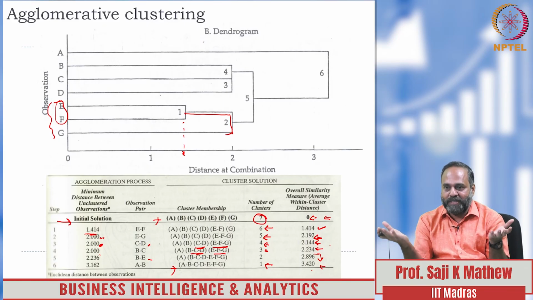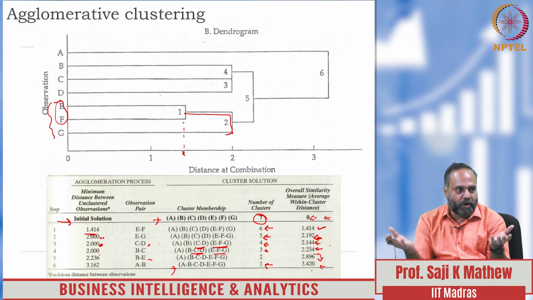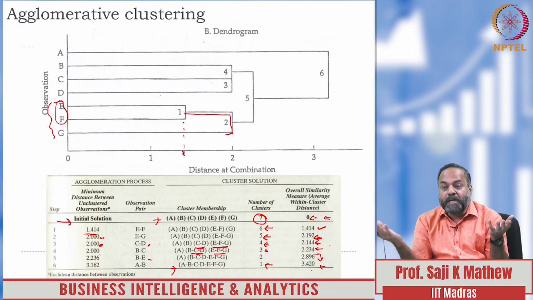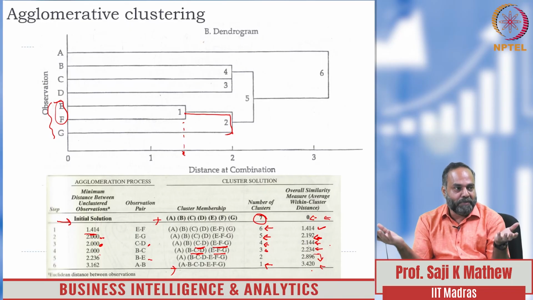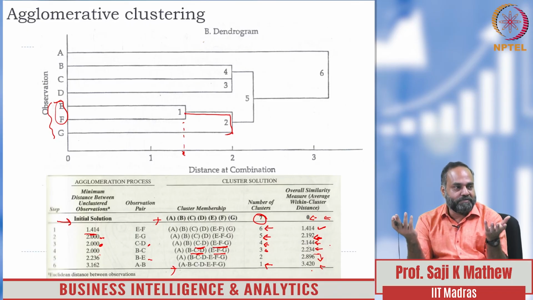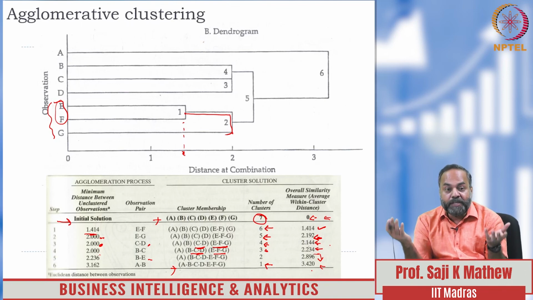In the sense that if you are working on a problem, say a segmentation problem in marketing, do you want 50 segments? Do you want 100 segments, or do you want to see 5, 6, 7 segments? You cannot deal with too many segments. You can't even make sense out of it. 50 is too large a number, 2 is too small a number.